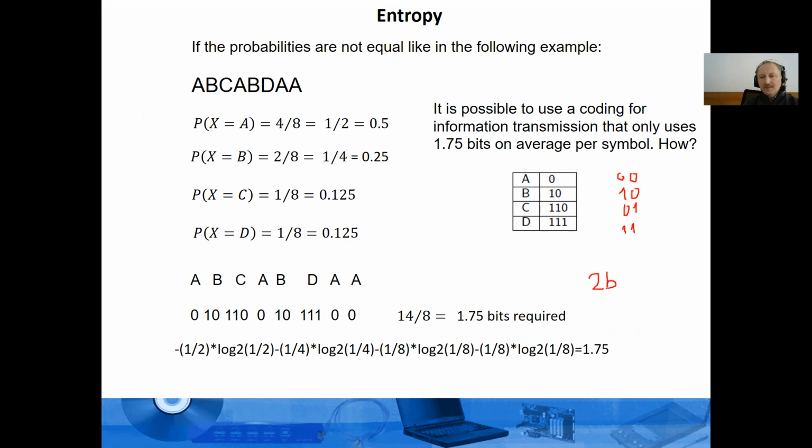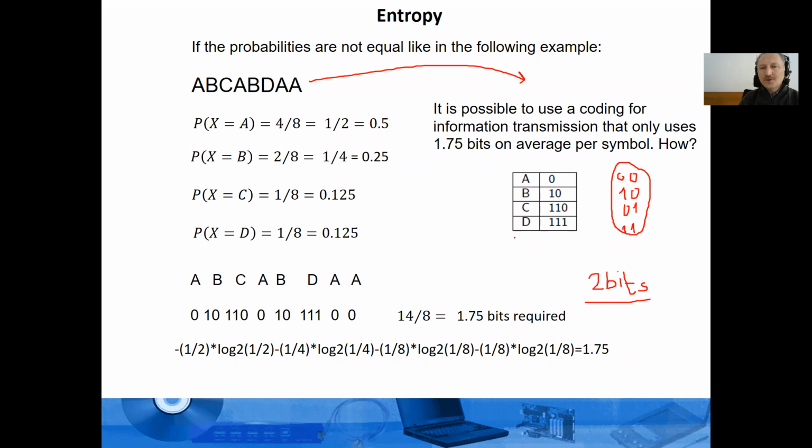We calculated that before. But to optimize sending this data from this place to another PC, if you use this coding system, you need 2 bits minimum for each symbol.